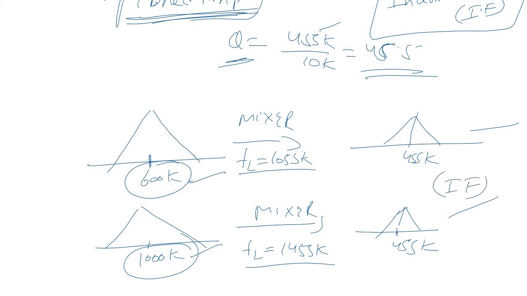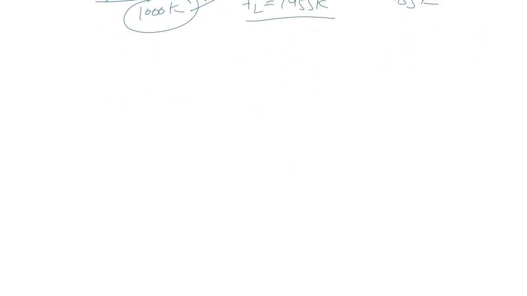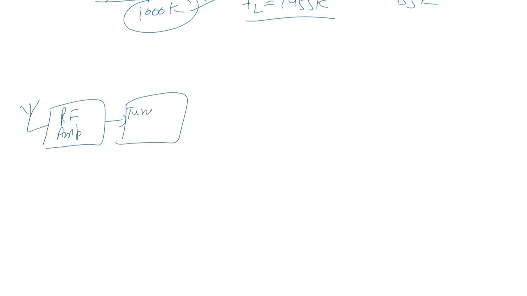Next, let us have a look at the block diagram of the superheterodyne receiver. The first block is the same, that is the RF amplifier, which gets input from the antenna. Then we have a tuned amplifier. I'll explain the function of the tuned amplifier further.